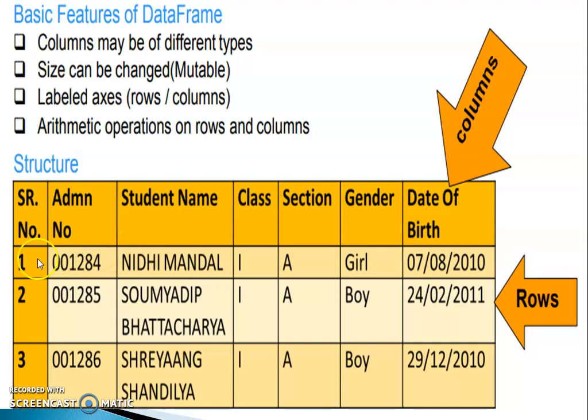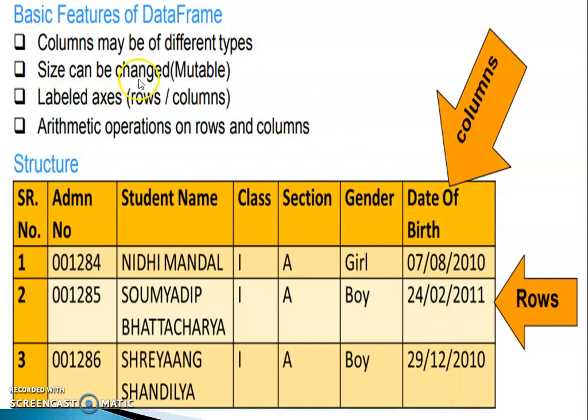These all are rows: first row, second row and third row. But the index is 0th index, first index and second index. Then these all are columns: serial number is a column, admission number is another column, then student name, class, section, gender, date of birth.